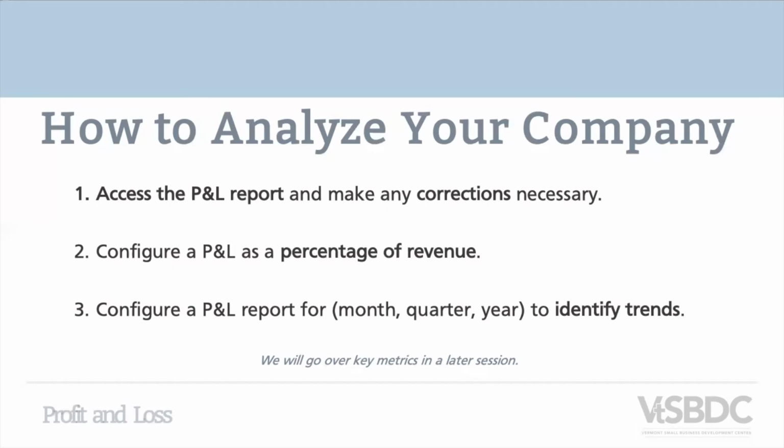All right, next step after that, run a profit and loss again, but this time customize it as a percentage of revenue. Look to see what revenue streams make up the highest percentage of your income. What makes up the lowest? Just ask yourself. If it's not there, well, maybe you need to find it. Use these same questions for the cost of goods sold section.